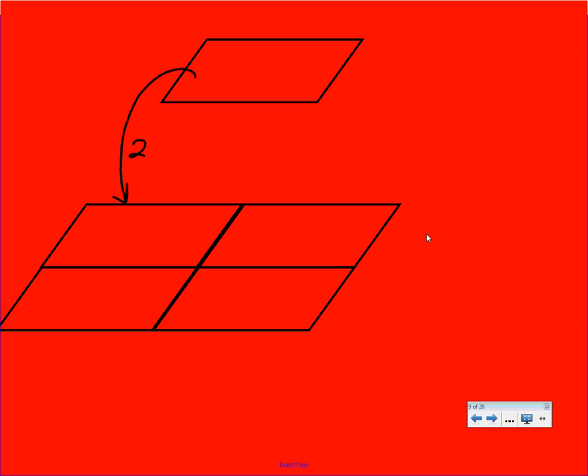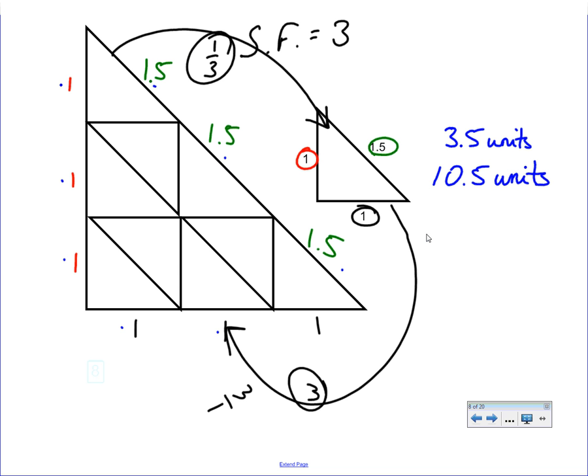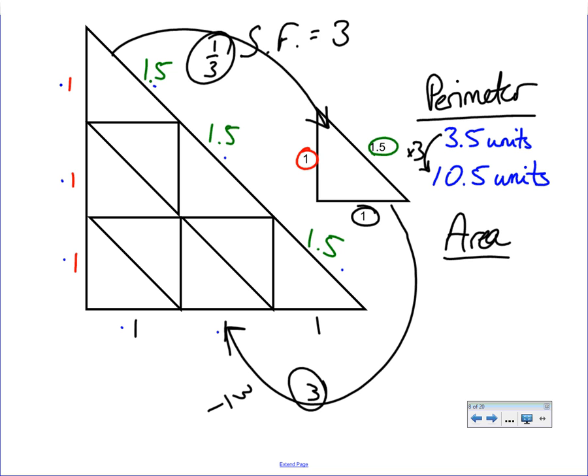I say, well, why isn't it 4 times bigger? Well, let's go back. 3 times bigger affects the perimeter. So we have perimeter right here, and my perimeter was 3 times bigger. So times 3. But there's another thing that's affected, and that's the area.